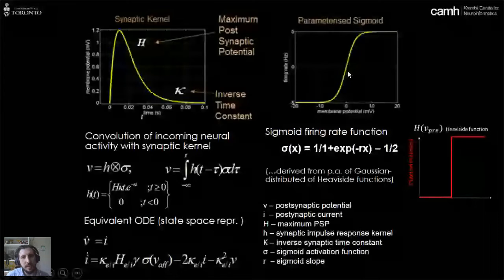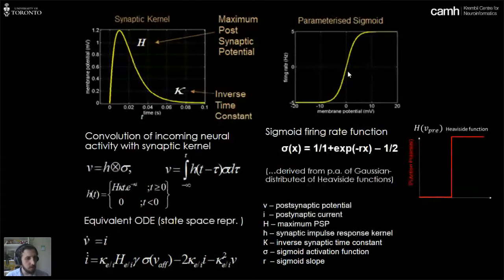Now, it's interesting that the same function or a similar function comes up all over the place. Itai mentioned the FI curve that he showed was a kind of rectifier. He said it was a rectified linear function, but sometimes those are described in terms of sigmoids, just at the neuron level.